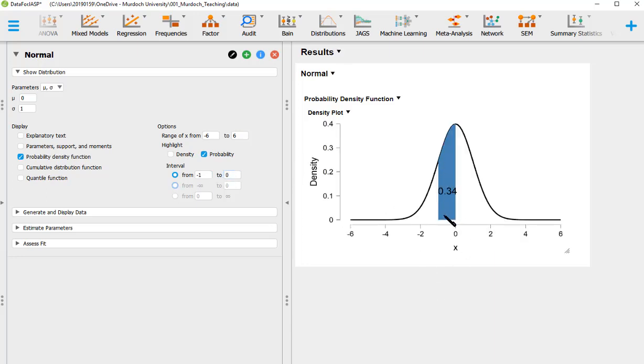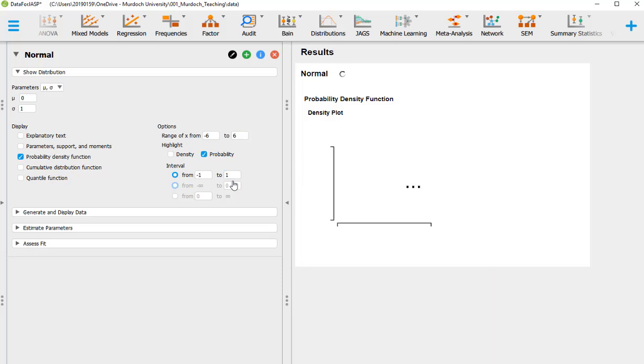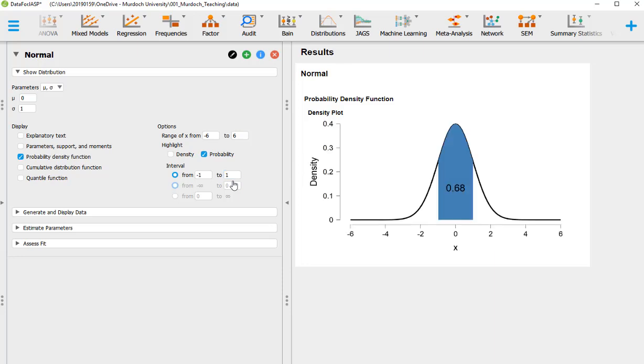If we put -1 and 1, it should be double that, 68% or 0.68. We can use this feature that gives us the interval from -infinity to any value. In this case 0 should be 50%, and if we go the other way around, from 0 to +infinity, it should also be 0.5 because it's a symmetrical distribution.